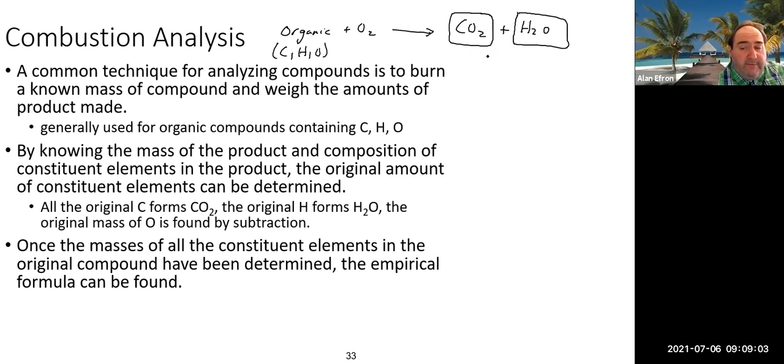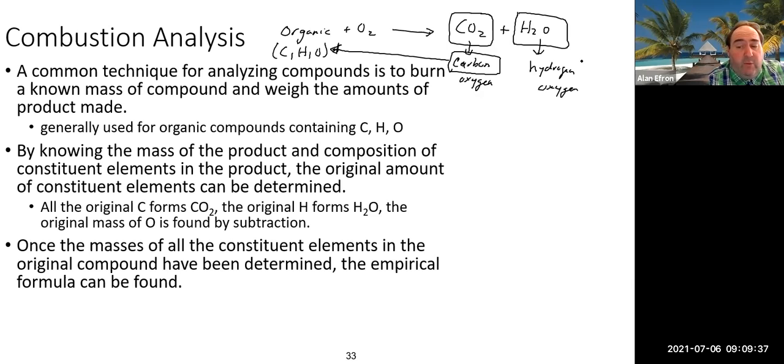And the importance of each of those is this: when we think about the CO2, it is made up of carbon and oxygen. And out of those two elements, all of the carbon had to originally come from the organic substance. When we look at water, it also is made up of two elements, hydrogen and oxygen.